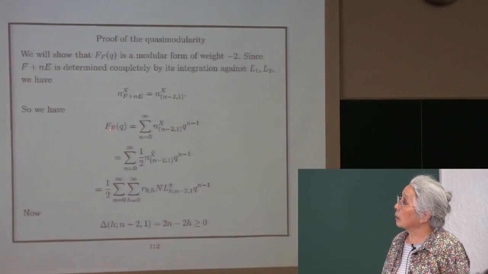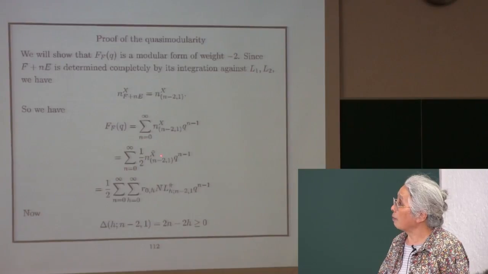So the generating function, this times q^(n-1), you replace that. Now you can replace this with the Gopakumar-Vafa of the resolution. That's half of the resolution, so you take out a half. And now you take n equals 0 to infinity.